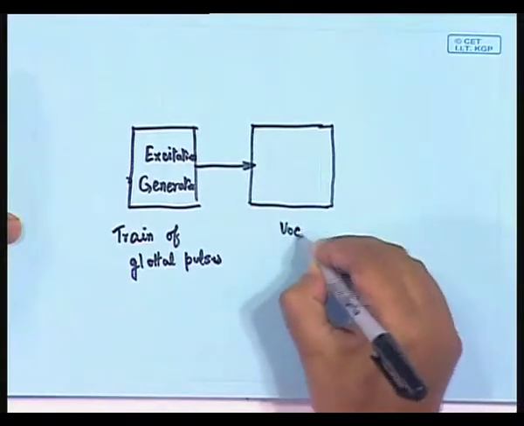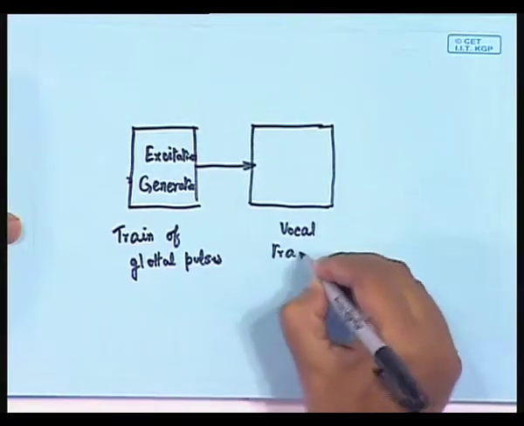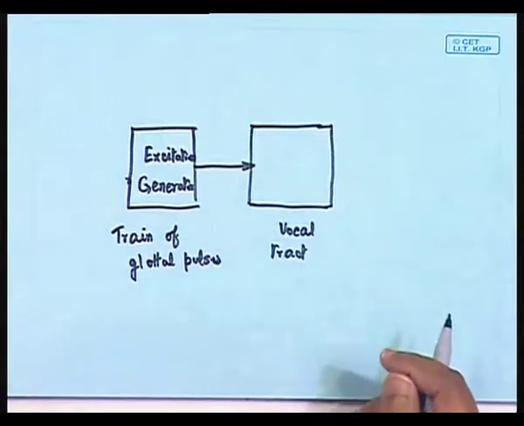So, here you have the vocal tract, and also you consider some kind of radiation effect, because after all, what is it that we are doing during our speech production? We are ultimately producing some vibration in the air medium, like the air flow which is coming out of our lips, okay.